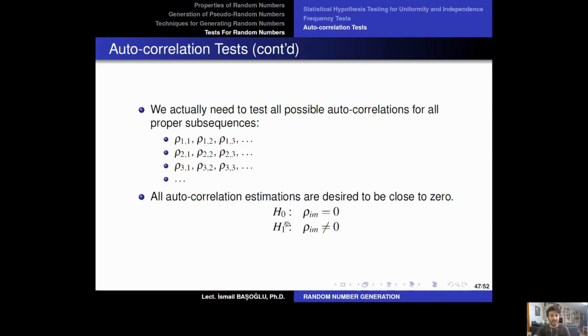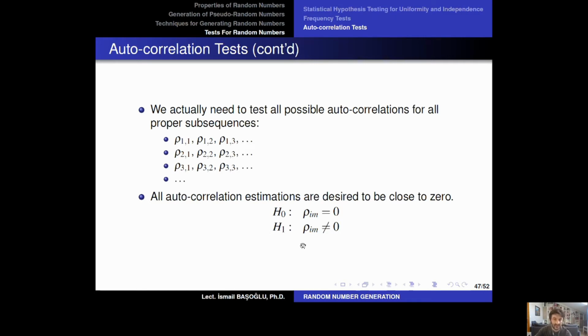We should say that for any subsequence that starts from the ith index and moves m steps ahead every time, the autocorrelation is equal to zero at the null hypothesis, and it is different from zero at the alternative hypothesis. And if we cannot find any statistical proof to accept the alternative hypothesis, then we can say optimistically that there is not a statistical proof for dependence.